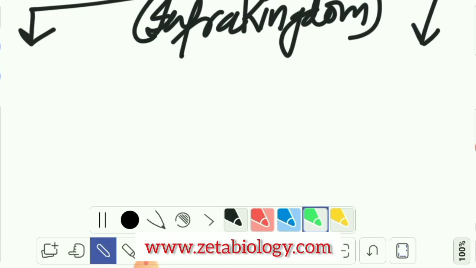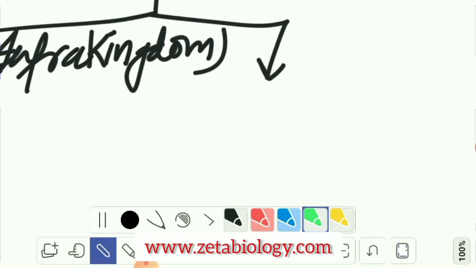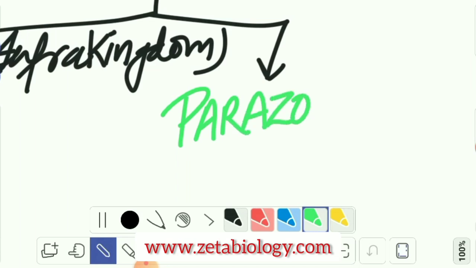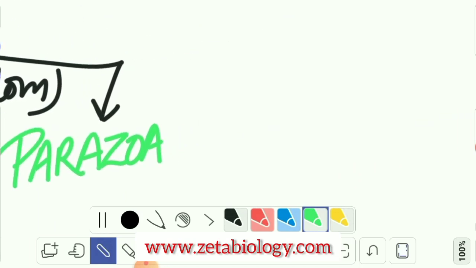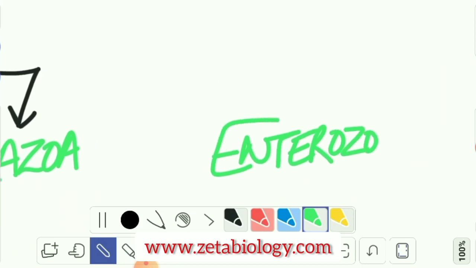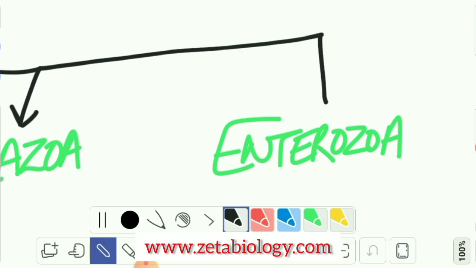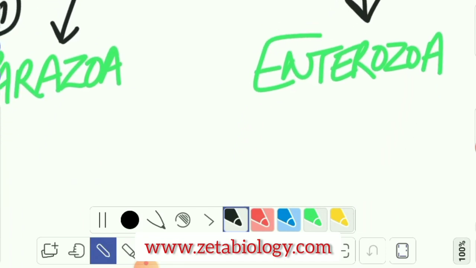So, Mesozoa, Parazoa, and the third is Enterozoa. Okay, these are the three further subdivisions.